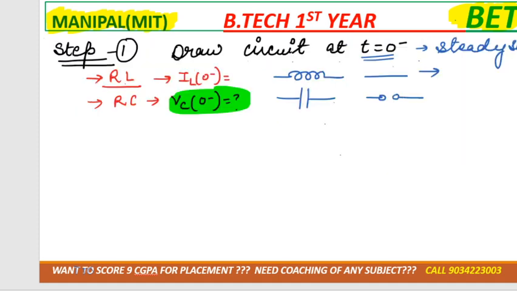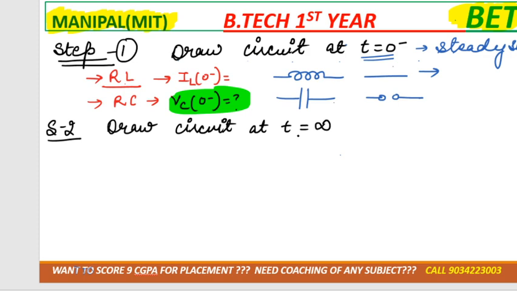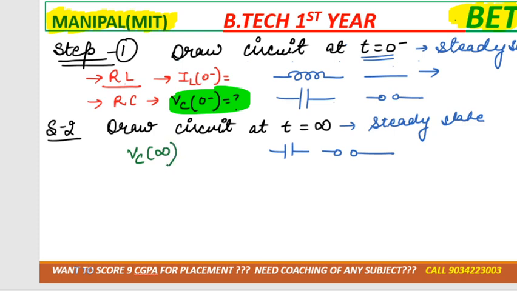Okay, now after that, always step number 2. As I told you, we have to follow these steps only in each and every question. Now we need to draw circuit at t equal to infinity. As I told you, t equal to infinity is also the steady state condition, and in the steady state condition again capacitor will behave as an open circuit, and we need to calculate over here VC of infinity.